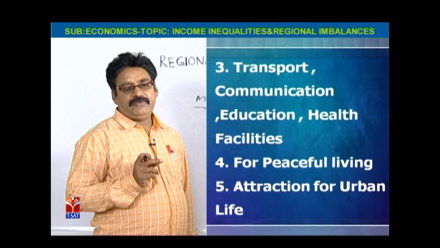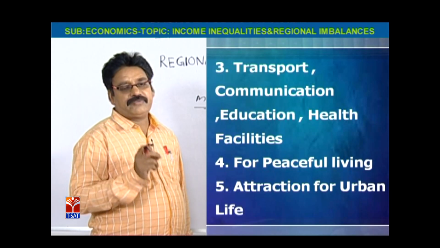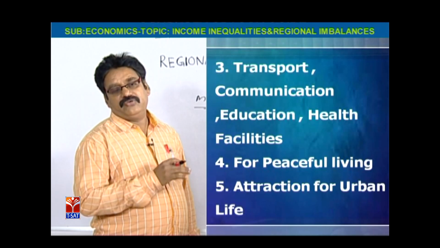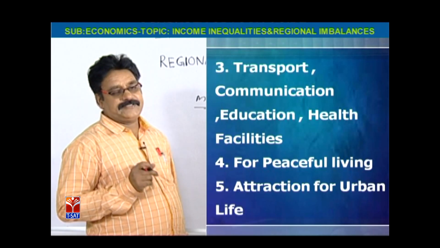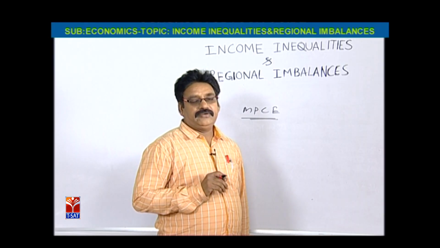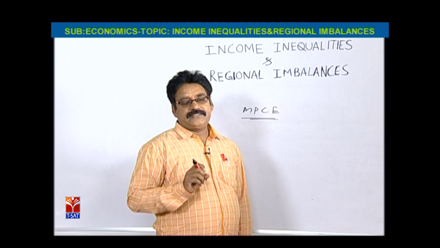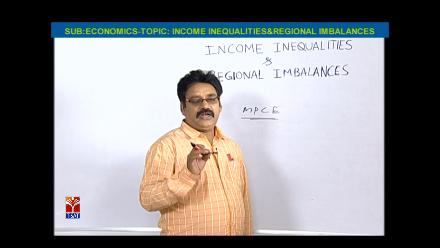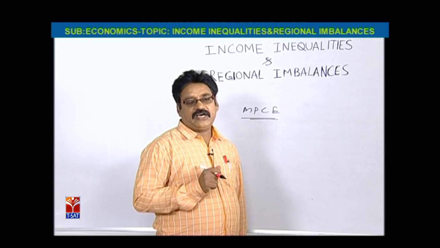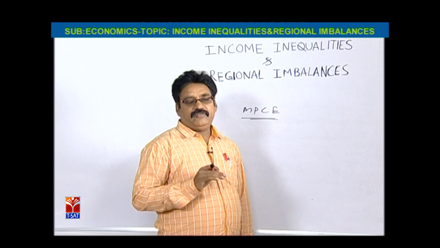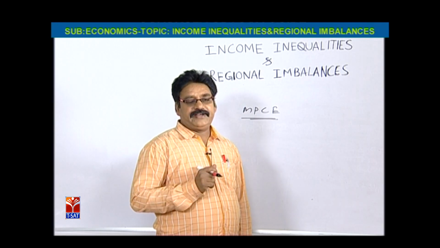If we observe population-wise in India, there is slow urbanization only, but why are people migrating from rural areas to the urban? The reason is these reasons. For peaceful living without disturbing others, when compared with rural areas, there are no personal sentiments and attachments in urban areas. Without disturbing others, they can live peacefully, so people are migrating.